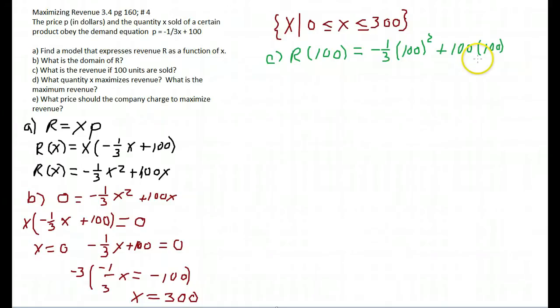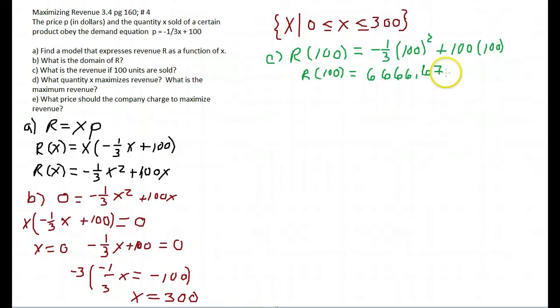Alright, when we plug 100 into our calculator and simplify, we get R of 100 is equal to 6,666 point, and we're rounding to 2 decimal places, so 67.